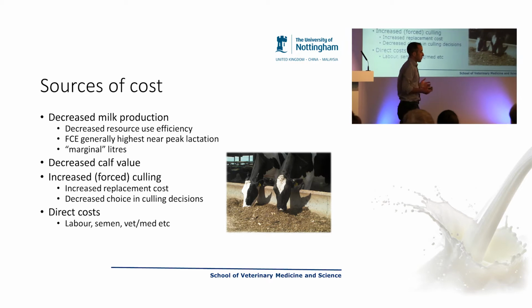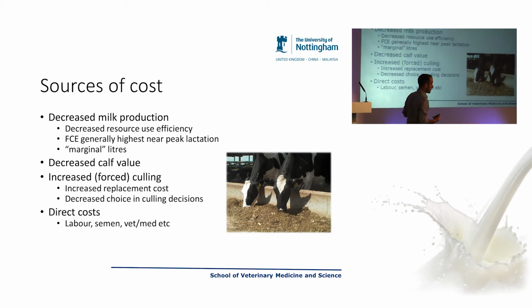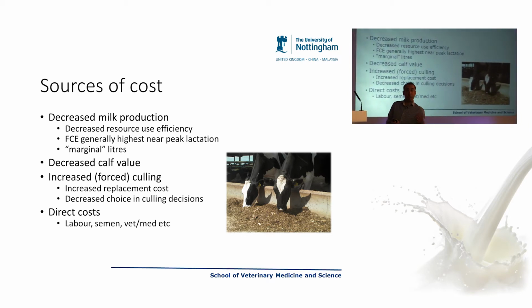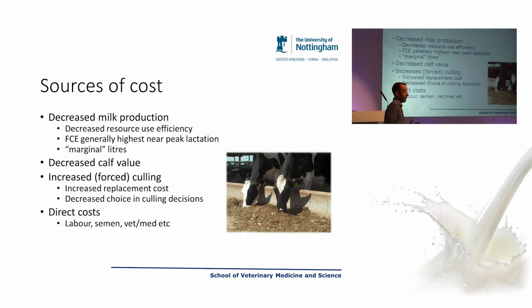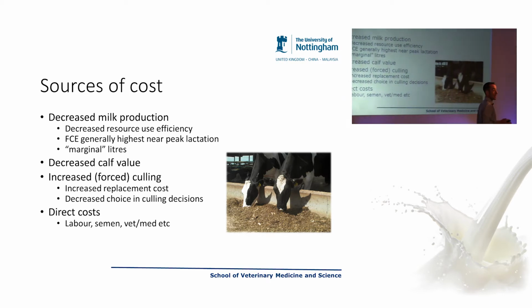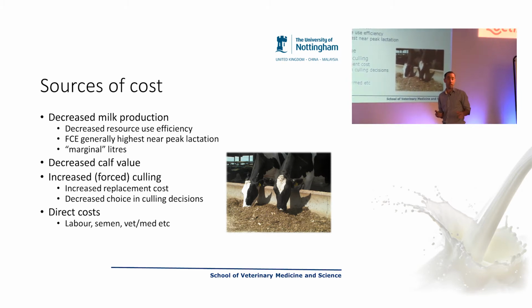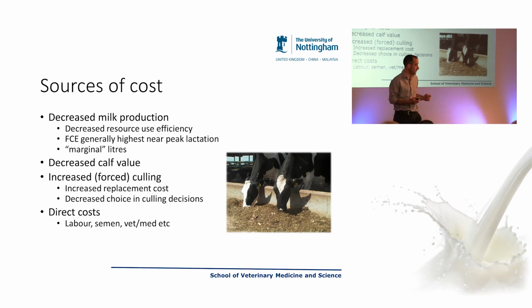So where are the sources of cost? Decreased milk production is really the most obvious one. There are a few things to highlight there. I think it's useful to think about this in terms of places on the farm. The staler your herd is on average, the higher your average days in milk gets, the less efficiently you're using those on-farm resources, in terms of the number of places that you've got available for housing milking cows.